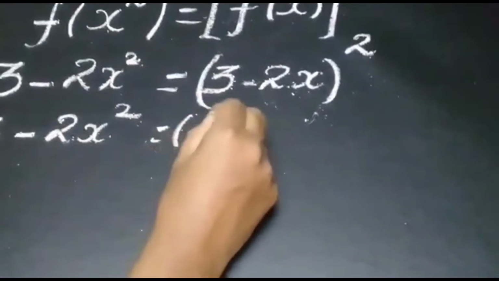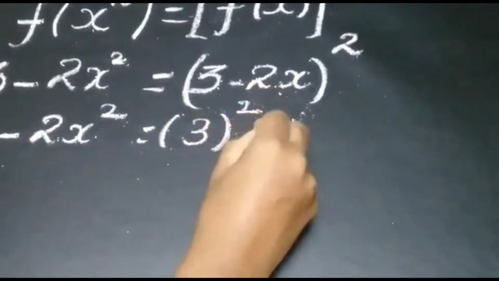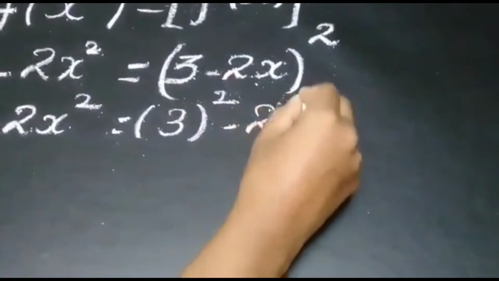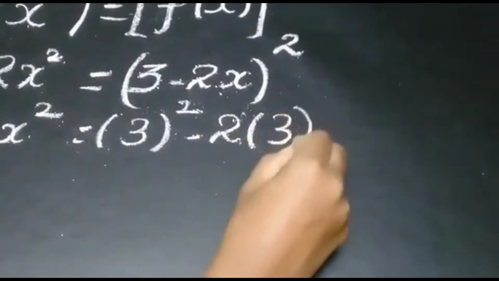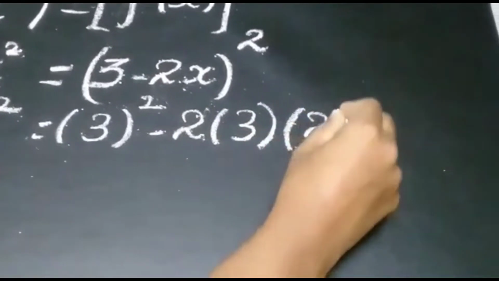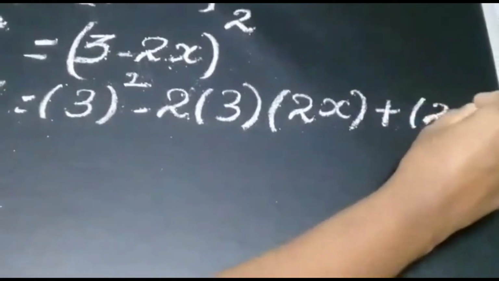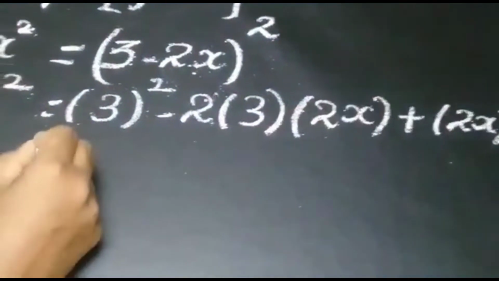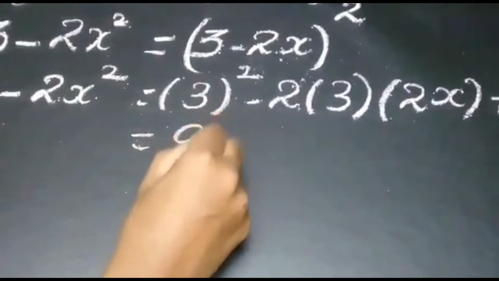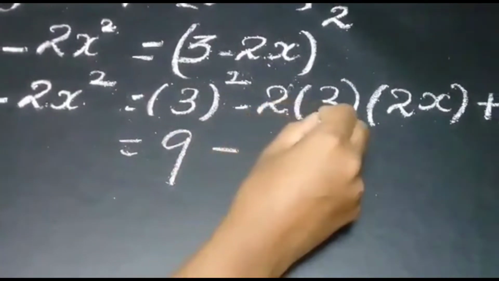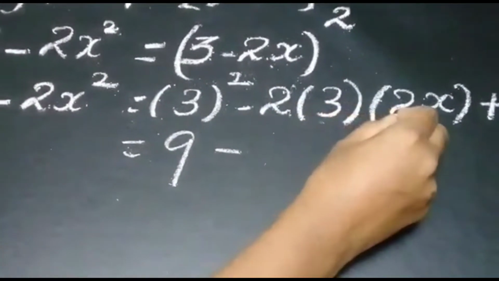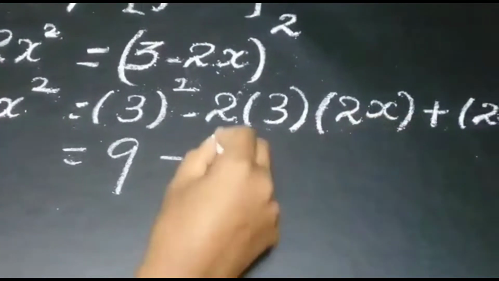So a square, 3 square, minus 2ab, 2 into a value, then b value 2x, plus b square, 2x the whole square. So 3 square value is 9. Now multiply: 2 threes are 6, 6 twos are 12, 12 into x, 12x.